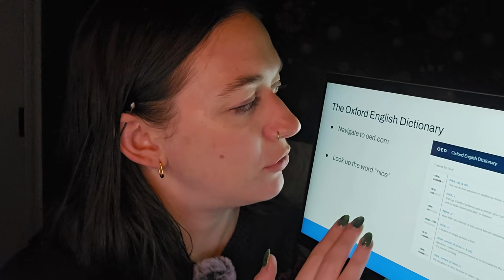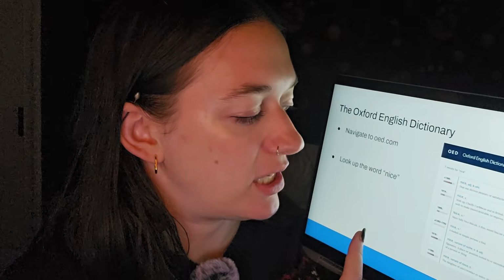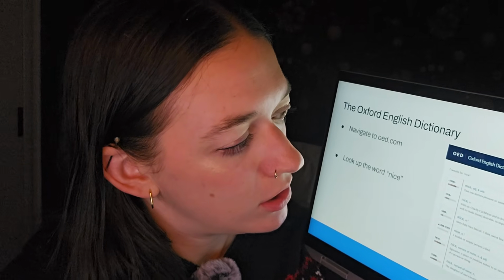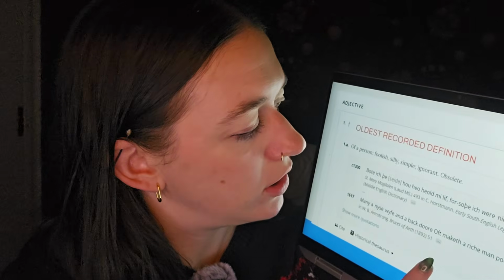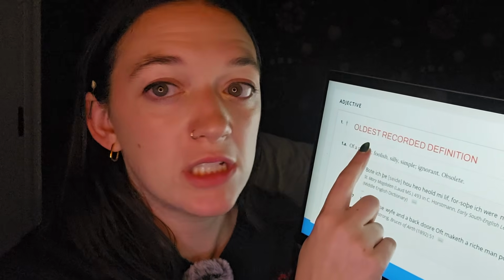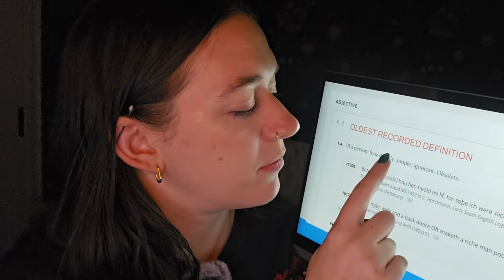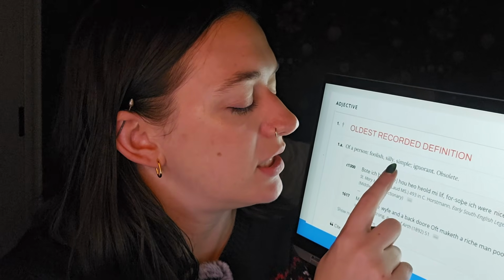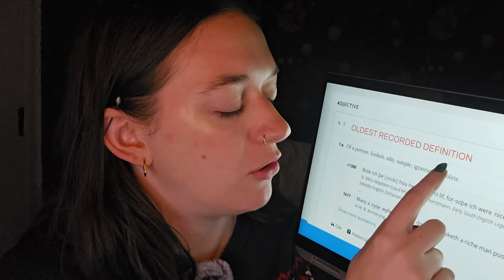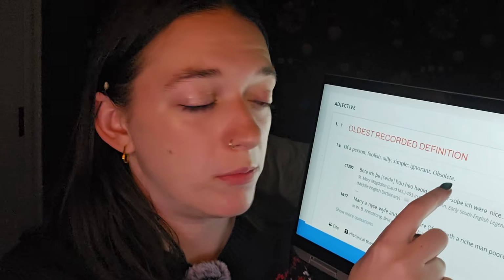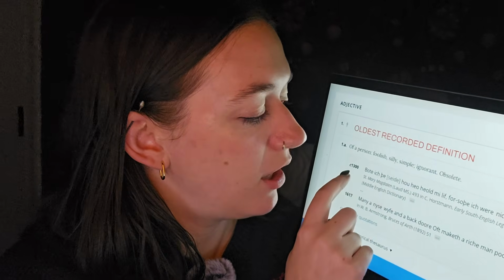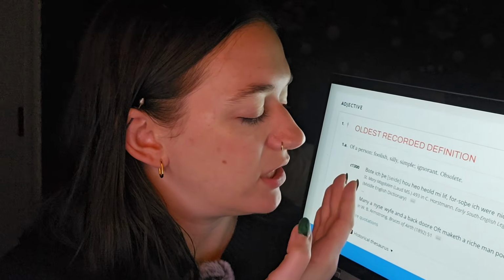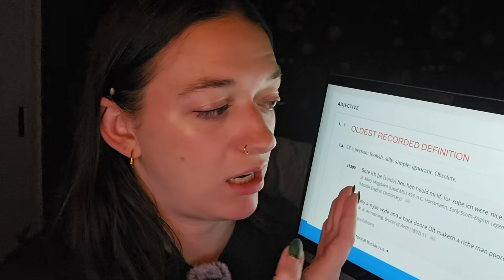So for example, if you go to oed.com and look up the word nice, it will show you the oldest recorded definition, which shows of a person foolish, silly, simple, ignorant. It also shows that it's now obsolete. The oldest recorded meaning of this they have is from around 1300.